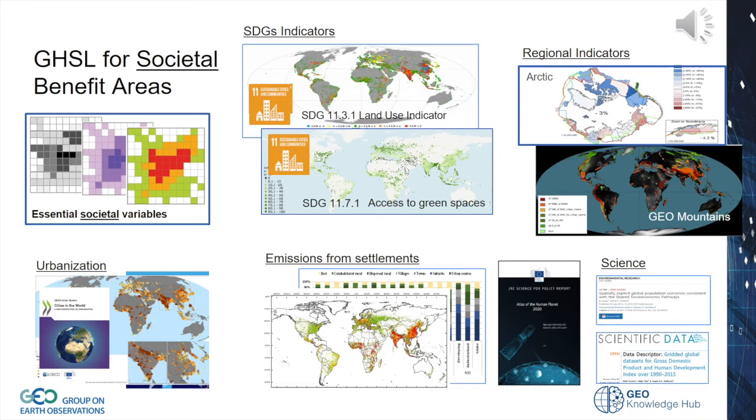For example, they are used to generate urbanization statistics and used in OECD policy reports. They are used to estimate global emissions broken down at the settlement scale. And the variables feature also in regional studies, including the Arctic, and are considered for use in GEO Mountain. The Atlas 2020 provides a short description of over 30 case studies.